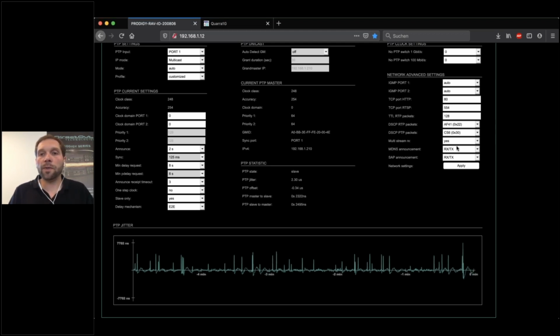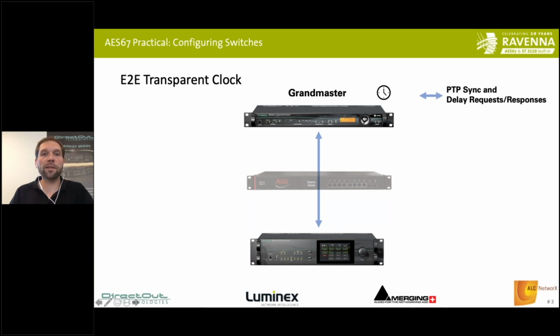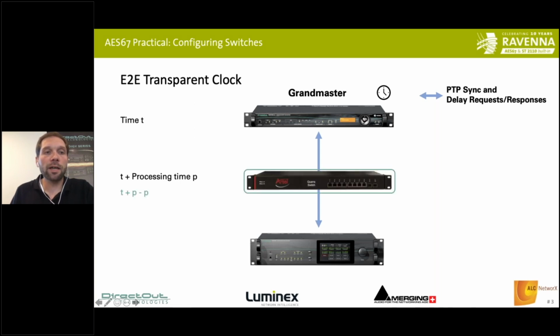What we can do about it is to use the E2E transparent clock. That's the one which is available, for instance, also on the Luminex switch. As Bart already mentioned, it works in a way that the grandmaster sends out the sync packet to the switch. Of course, the switch still has the same issue: it takes some time to process that packet, and this time might change.